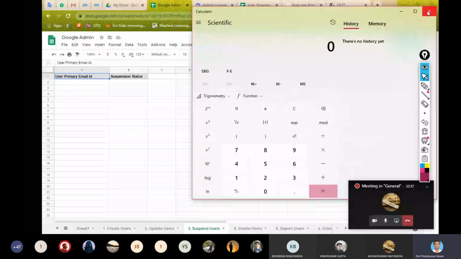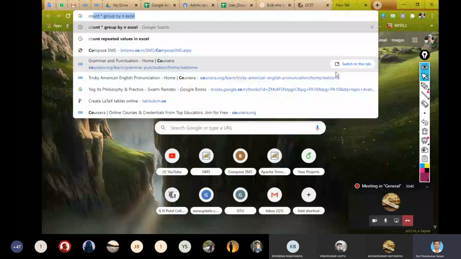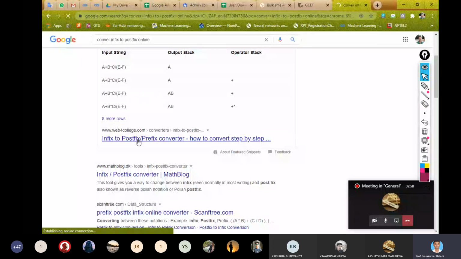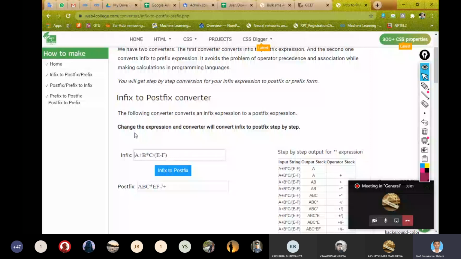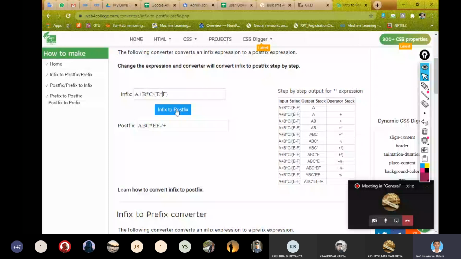So there are some online tools available. In the same way you can convert it to prefix. Here we have to write the expression, but I think they are supporting e raised to f or not. Yes, they are supporting. Okay, so let's write our expression here.